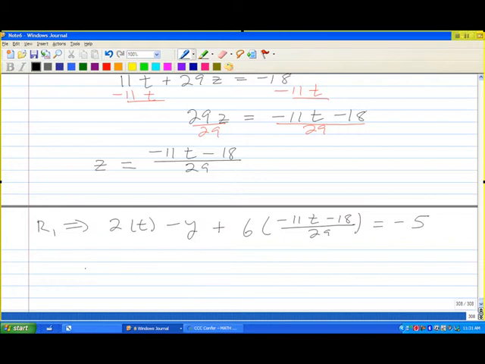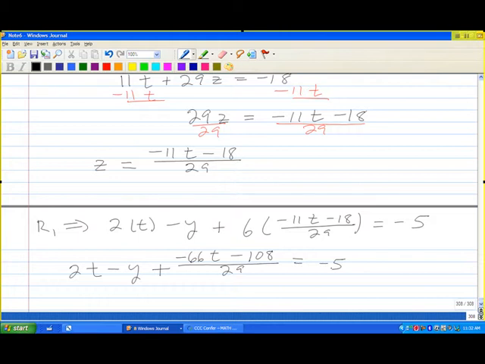That's 2t minus y plus negative 66t minus, let's multiply 6 times 18, 108, over 29, equals negative 5.